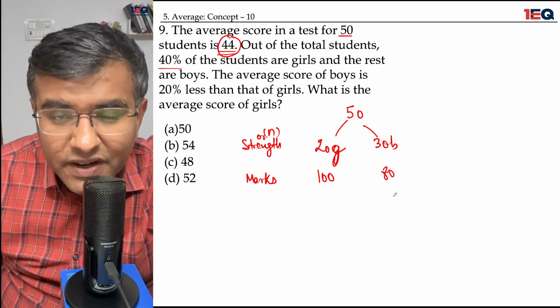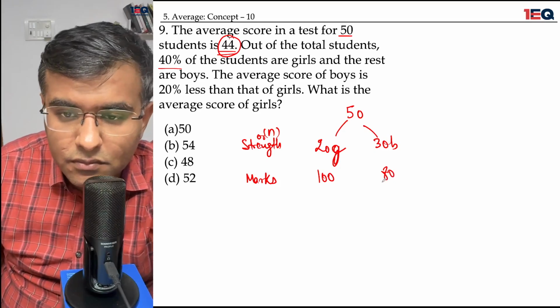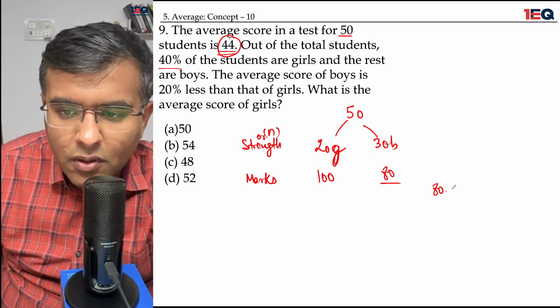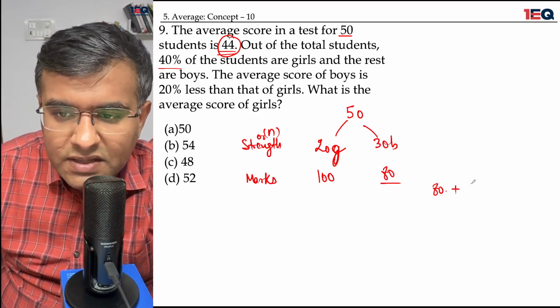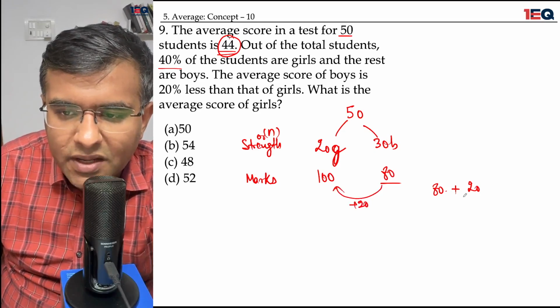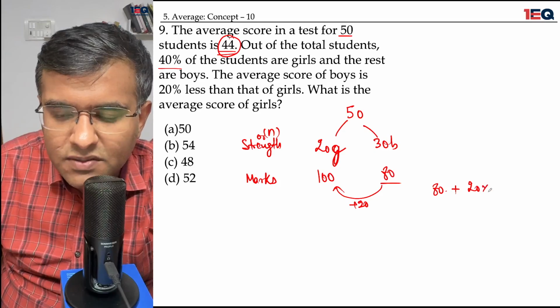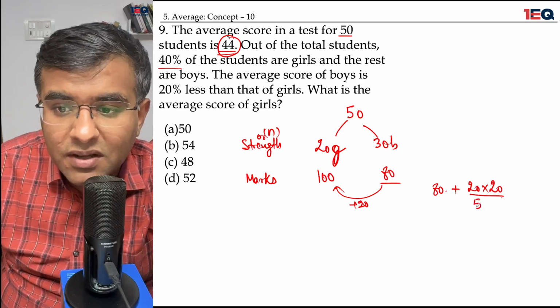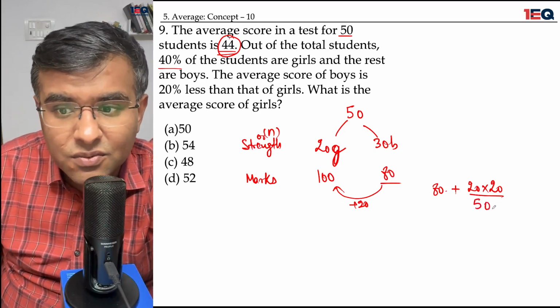So let us first find out the average of both of them. If 80 is my base score, there is an increment of 20 marks. This increment of 20 marks was brought in by 20 girls, and it was distributed among the entire classroom of 50 students.